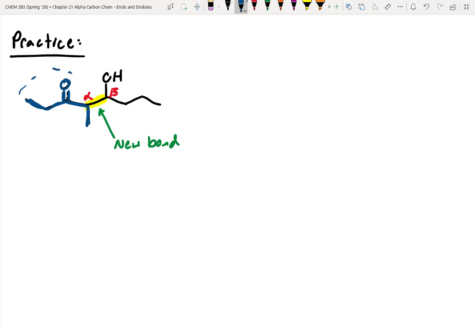If you're having trouble seeing that, I'll hash that up. The blue side on the left must have been our nucleophile, right? Because that's the carbon that must have attacked something else.